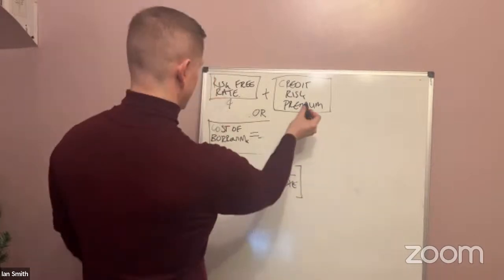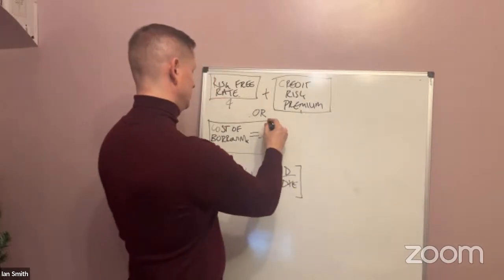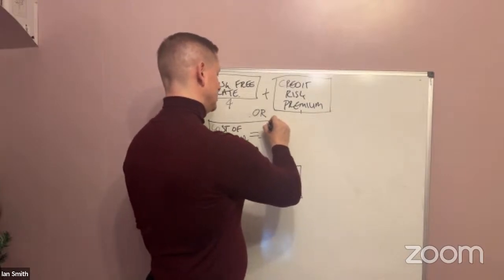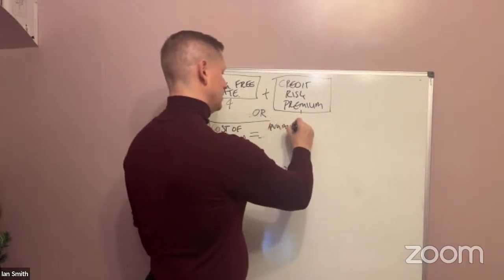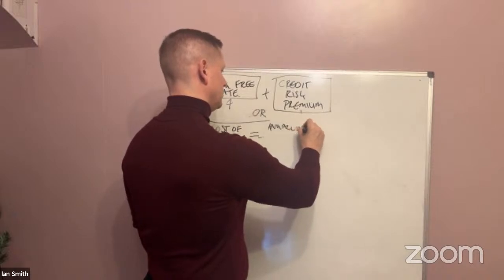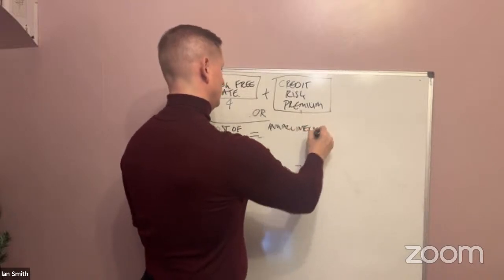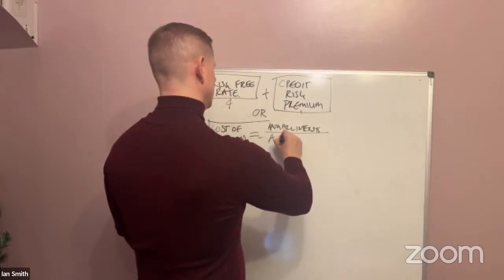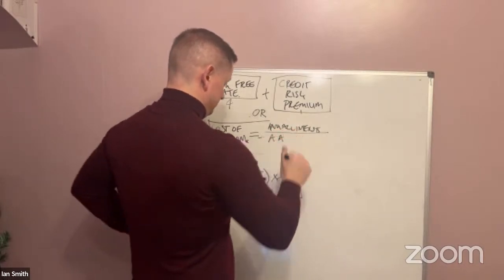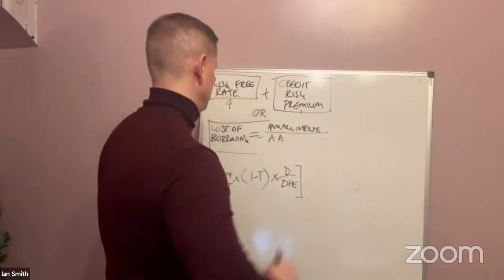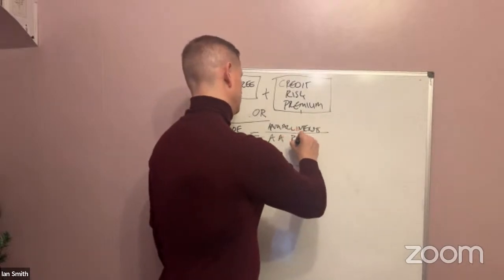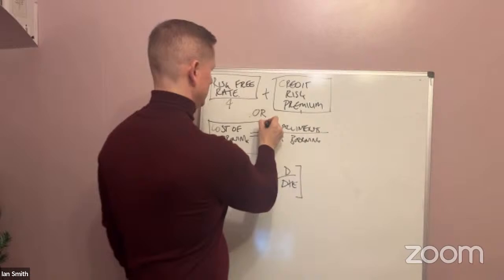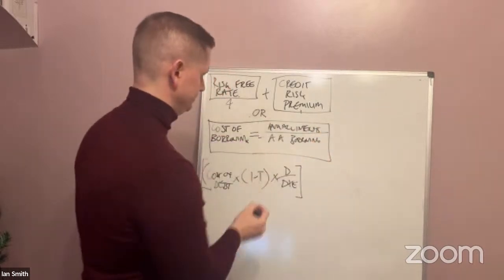Okay, credit risk premium, cost of borrowing equals interest, annual interest, over annual average borrowing, right. We've got a bit more space there now.